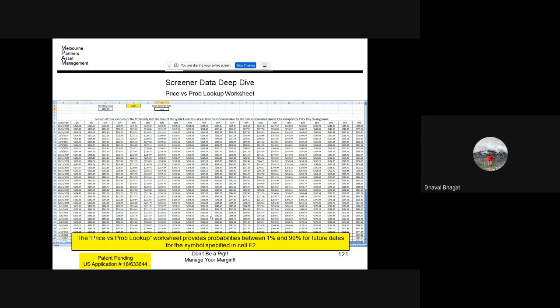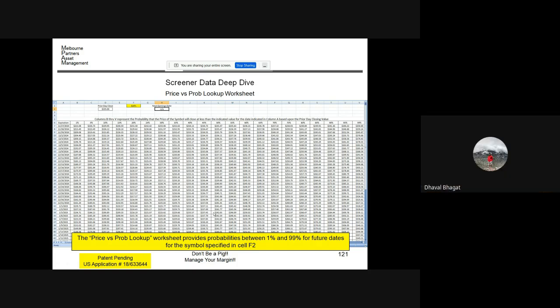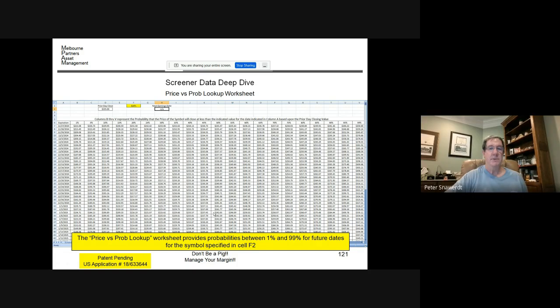I get the UVXY and the VIX based stuff, but in USO's case, is it just because of expenses? USO is an oil ETF, right? So how does it have to trade? It trades like futures. Usually things that trade futures have rolls in them, and they tend to go down.